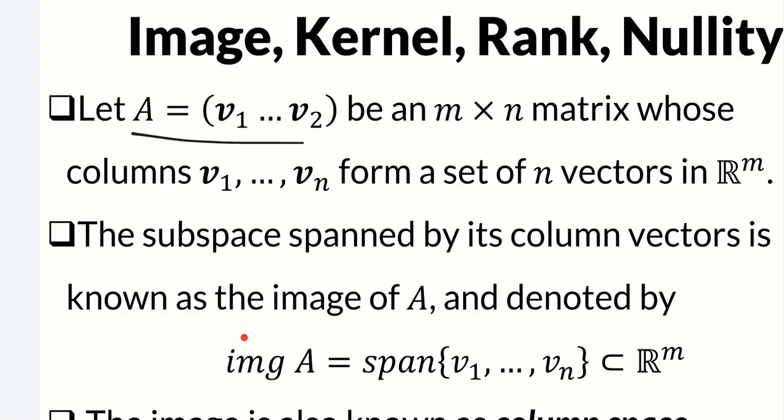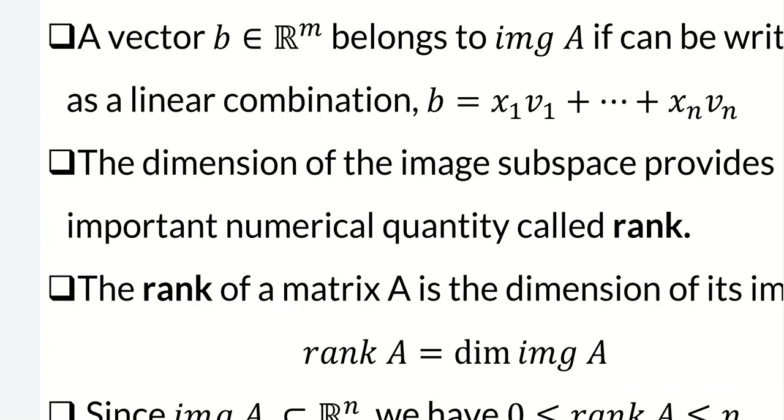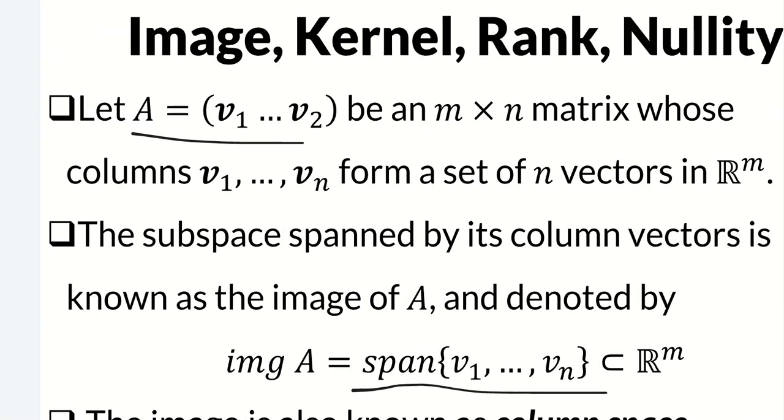That is the span of those column vectors that can be formed from the matrix. This is also known as the column space.